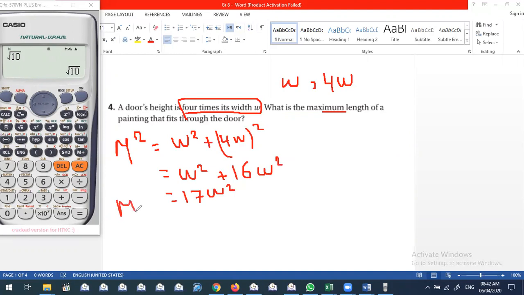This is m squared. If you need to find m, take the square root. So m equals the square root of 17 w power 2.